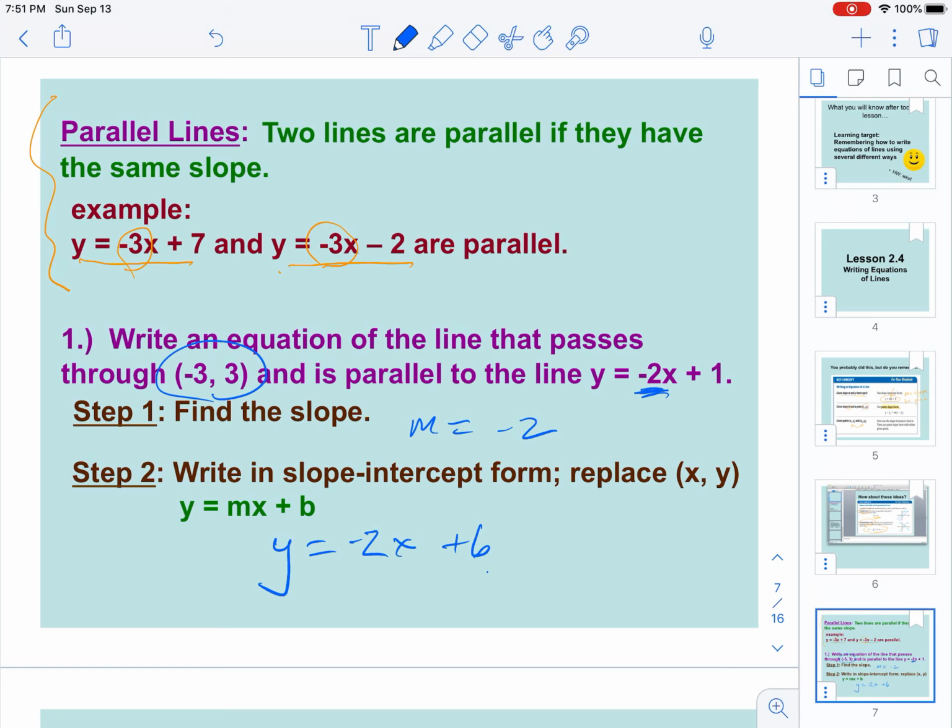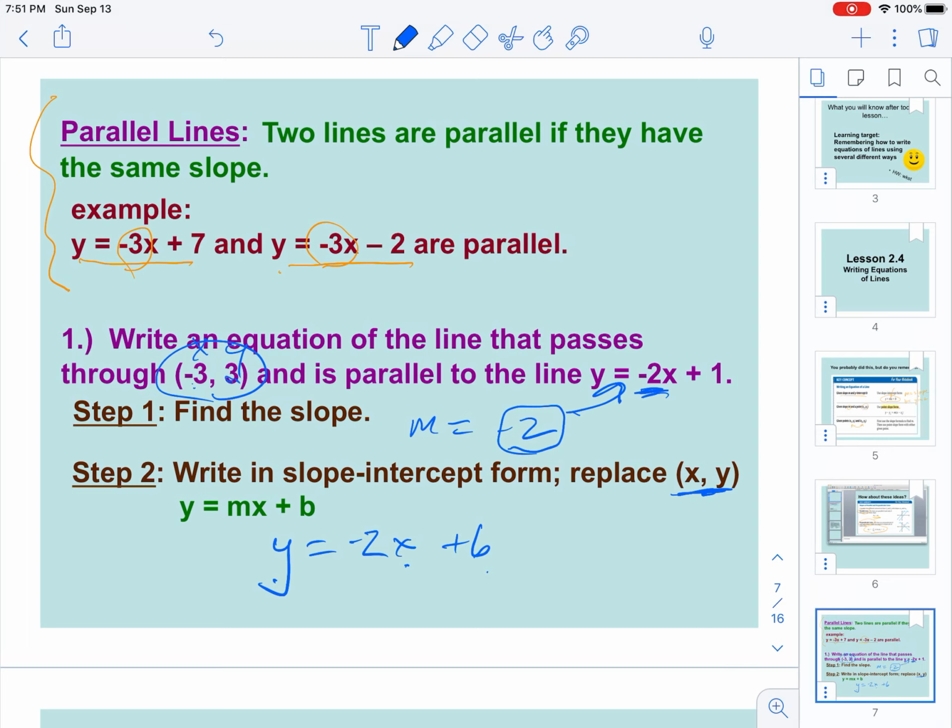What I'm going to do is replace the x and y here and here with the x and y in this ordered pair. Then the line that has the slope parallel to this line and goes through this point will be what I find.